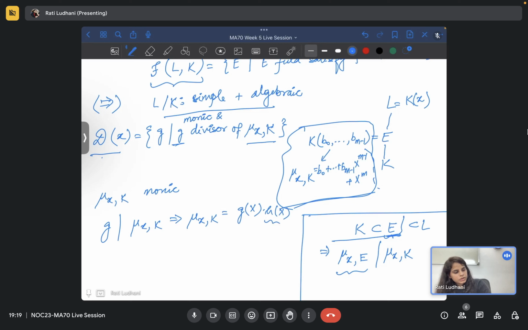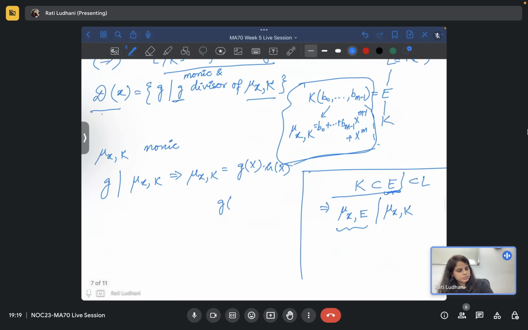Now here you can also have hx to be some unit. Let's say in Q you have 2. Let me give an example itself. So you have x square minus 2, and you have x minus root 2, x plus root 2.